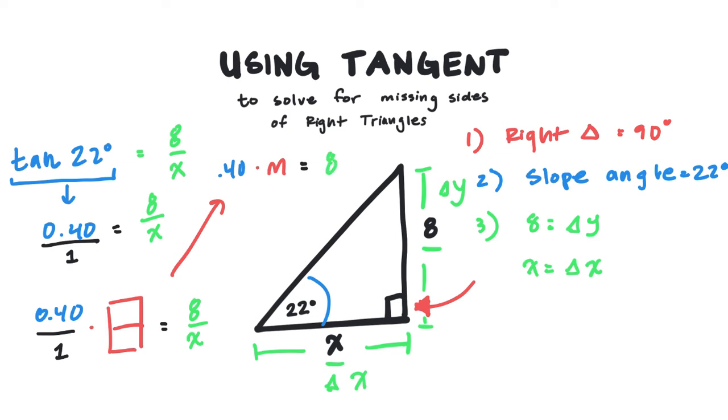Now that we have this little mini equation, we can just solve for m by dividing 0.4 on both sides. And that will give us the value of m is equal to 20. This means, first of all, 20 is not our side length. It is the multiplier.